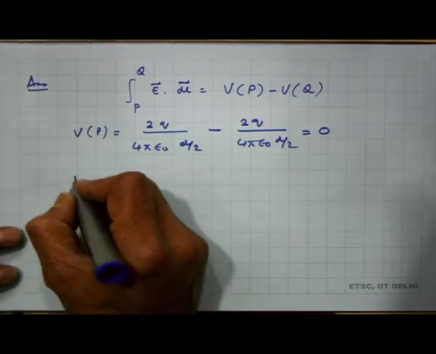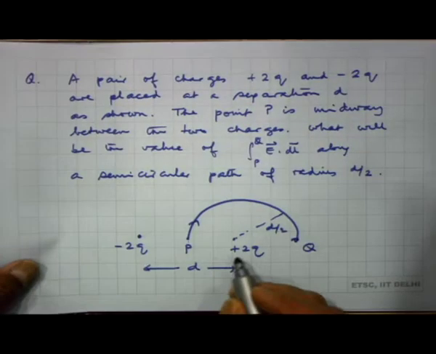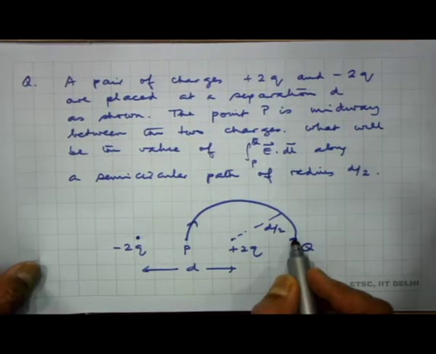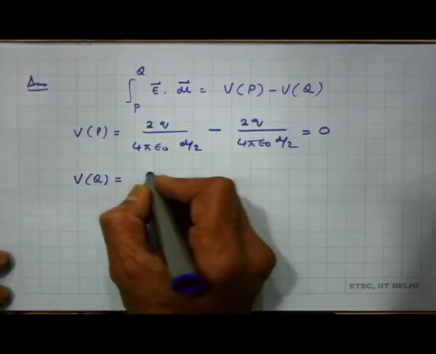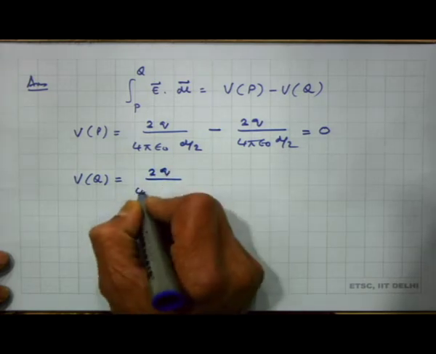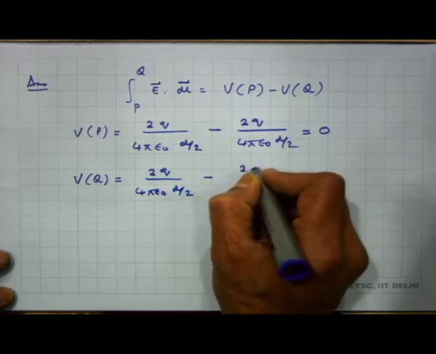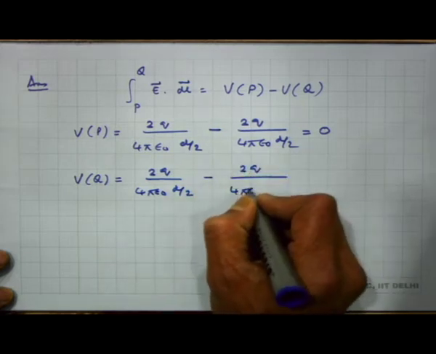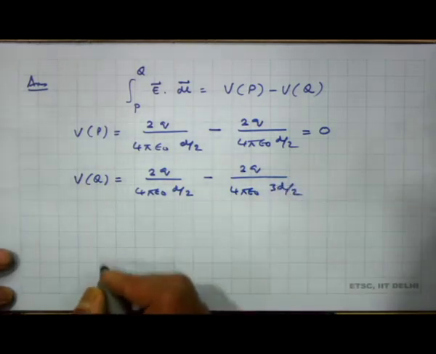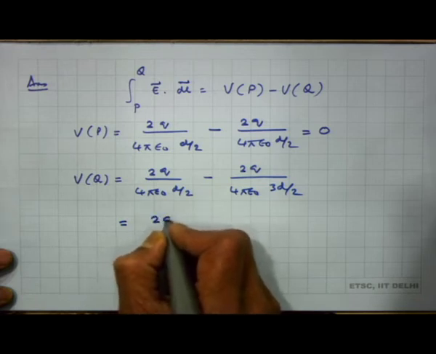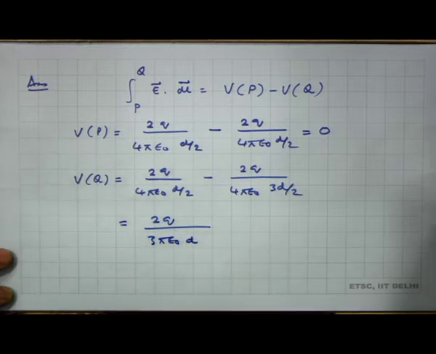What about the potential at Q? So, Q is at a distance d by 2 from plus 2q and 3d by 2 from charge minus 2q. So, the potential is 2q by 4 pi epsilon 0 into d by 2 minus 2q by 4 pi epsilon 0 into 3d by 2, which you can simplify and show this is 2q by 3 pi epsilon 0 d.